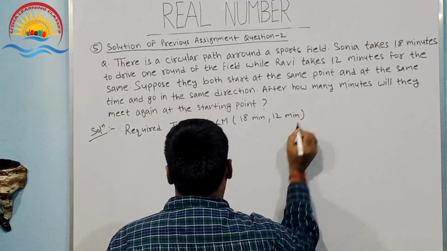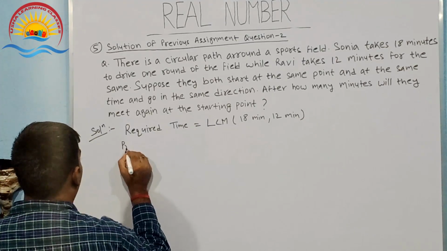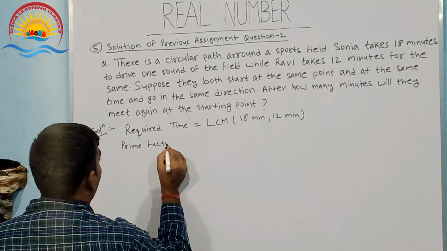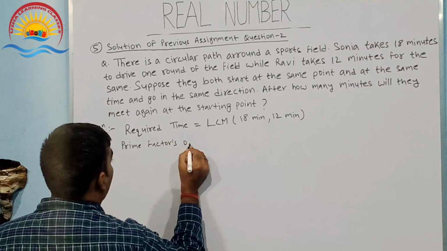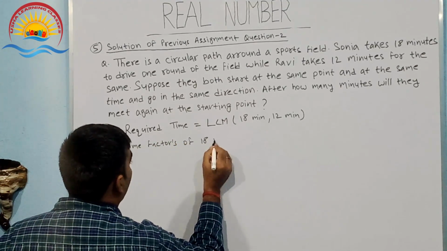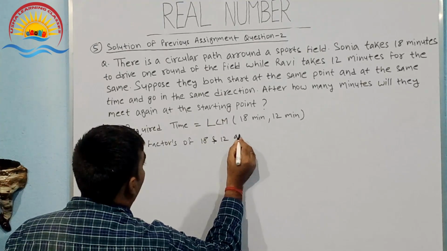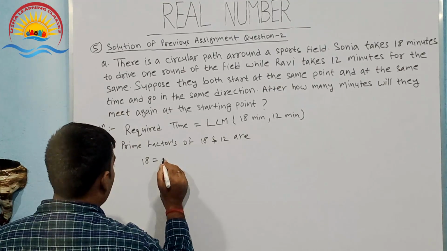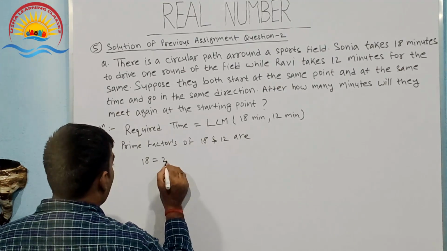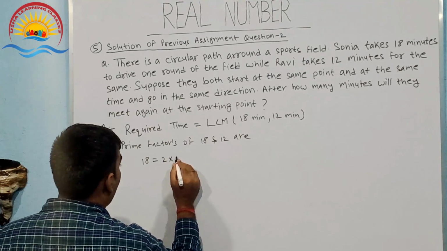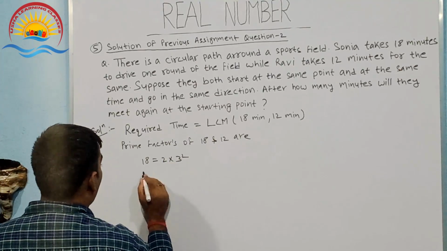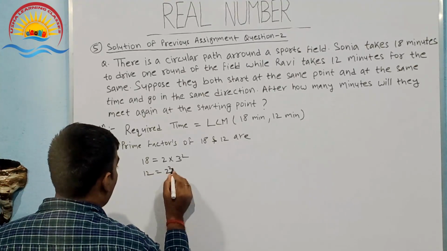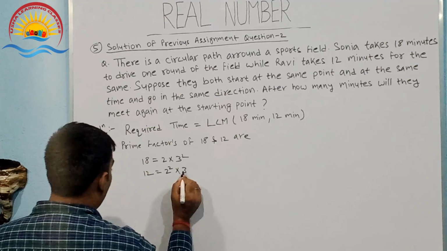Prime factors of 18 and 12 are 18 equals 2 into 3 square, 12 equals 2 square into 3.